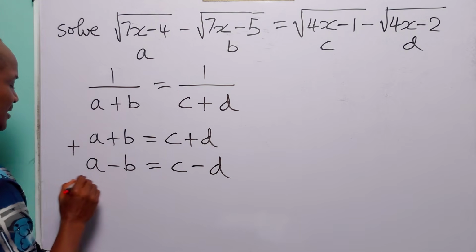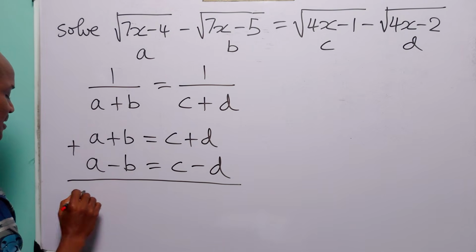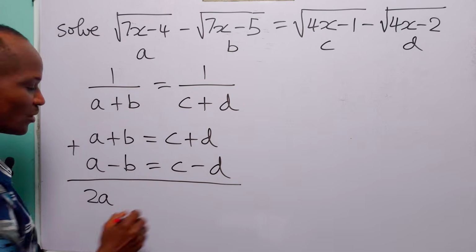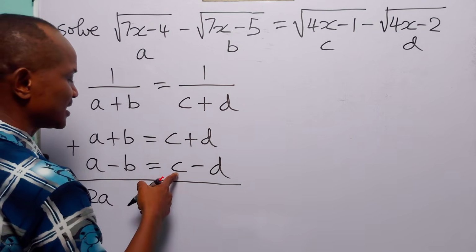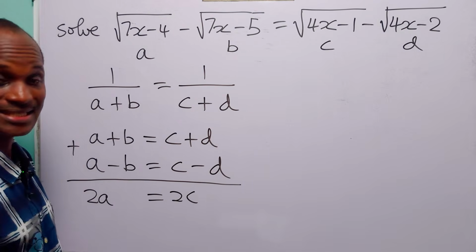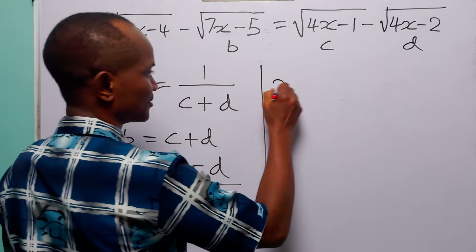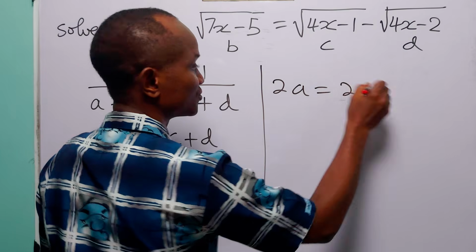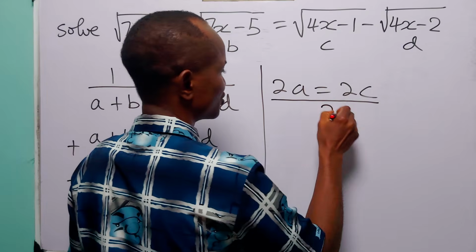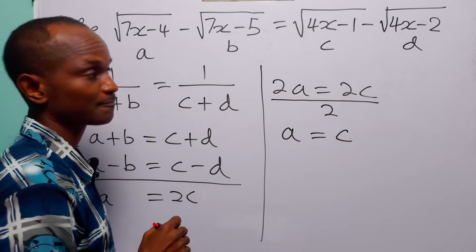Now, let us add these two equations. a plus a is 2a. b minus b is equal to 0. c plus c is 2c. d minus d is equal to 0. So from here, we have that 2a is equal to 2c. Now, when we divide through this equation by 2, we have that a is equal to c.